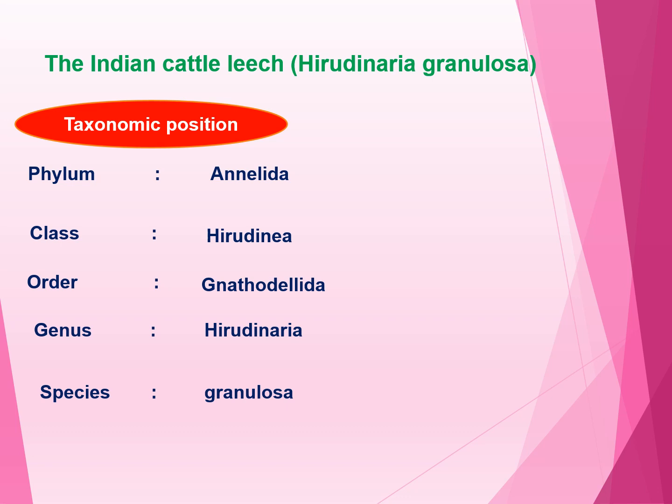That order is Rhynchobdellida. The order is divided into many genera. That genus is Hirudinaria, the species granulosa. The scientific taxonomic name always has two parts, one is the genus name and the other is the species name. So, Hirudinaria granulosa.